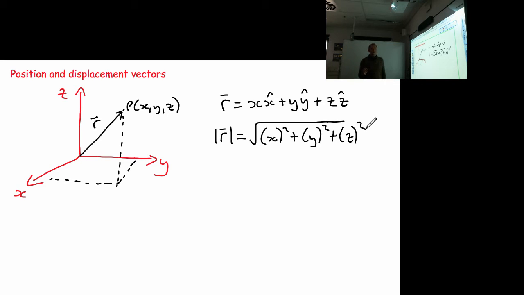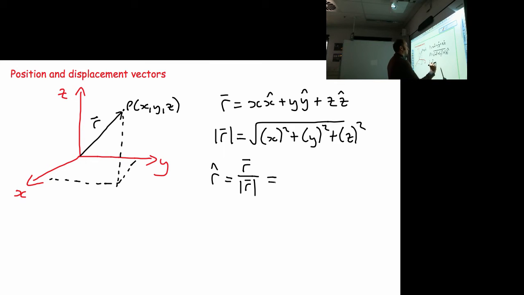We can also specify a unit vector, which is going to be given by r hat. And r hat is simply written as our vector r, our position vector r, divided by the magnitude of this vector.